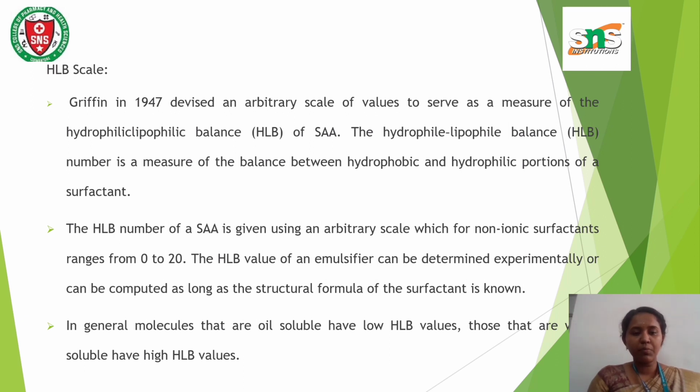The HLB number of a surface active agent is given using an arbitrary scale which for non-ionic surfactants ranges from 0 to 20. The HLB value of an emulsifier can be determined experimentally or can be computed as long as the structural formula of the surfactant is known. In general, molecules that are oil soluble have a low HLB value and those that are water soluble have a high HLB value.